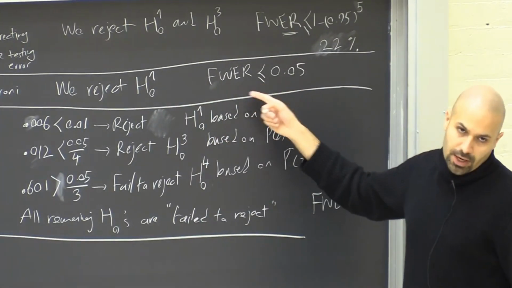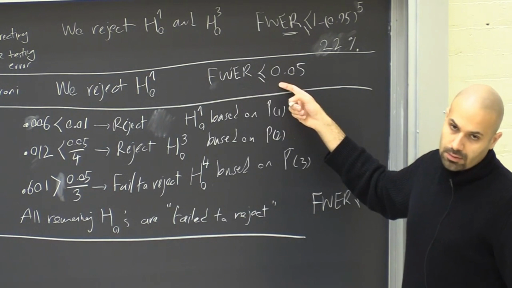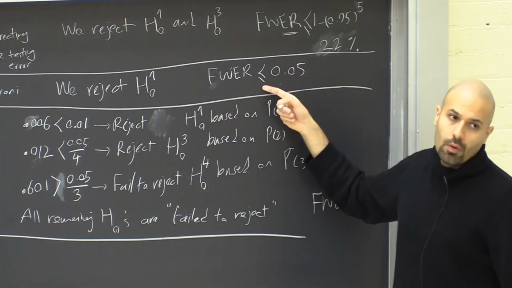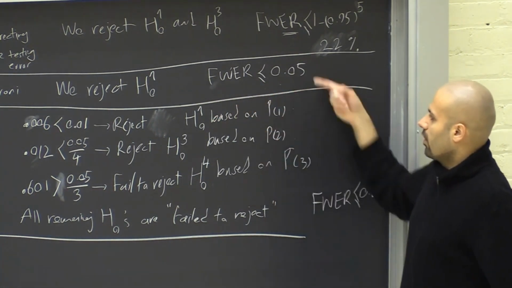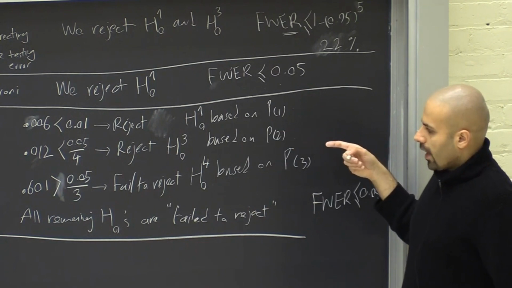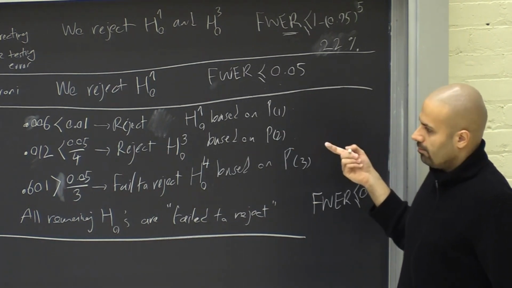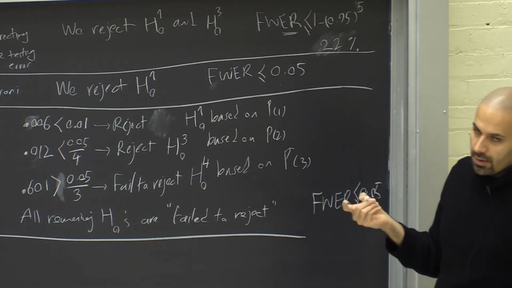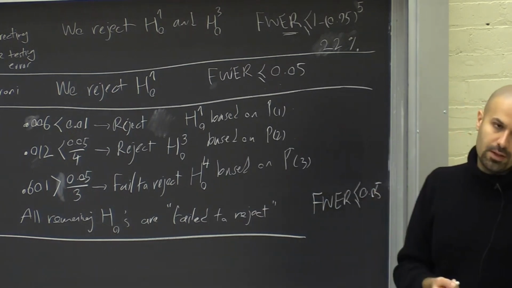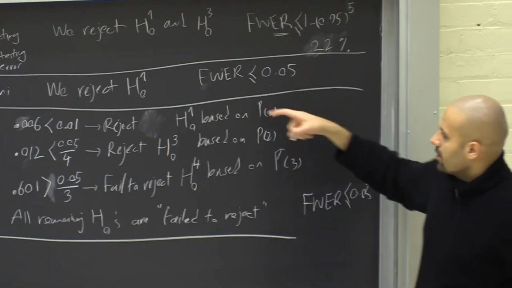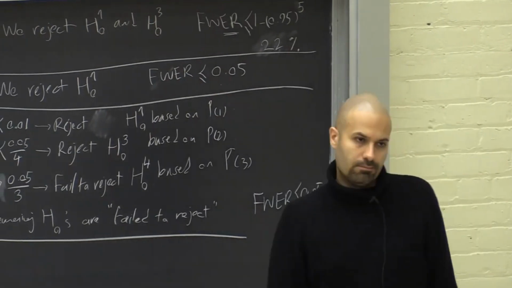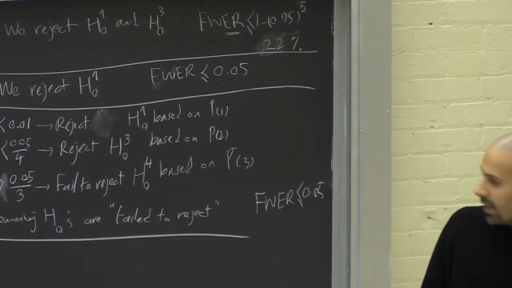But this bound is not a tight bound. It's a relatively loose bound, and because of that, here we are being overly conservative. Between these two methods, if we are concerned about how many discoveries we can have, we should use Holm's method. But the Bonferroni method is the more popular method, I guess because it's very simple.